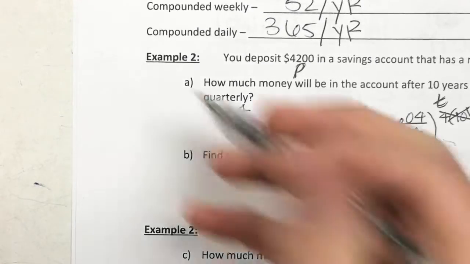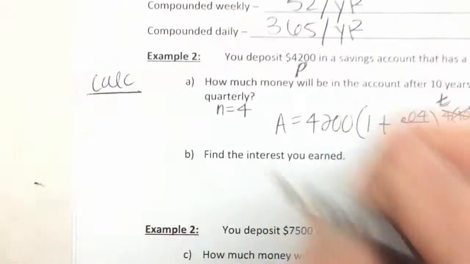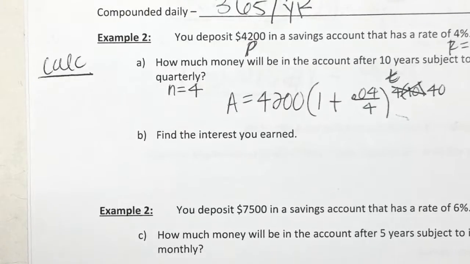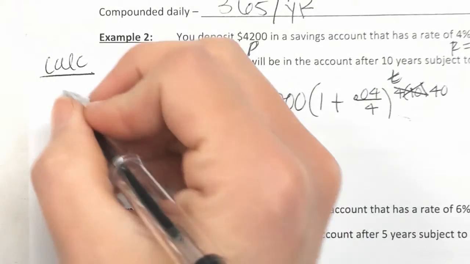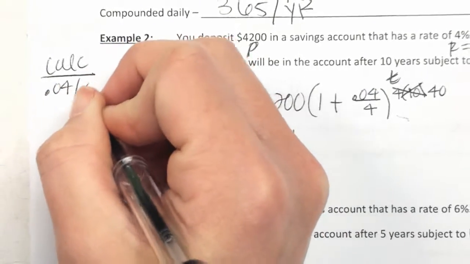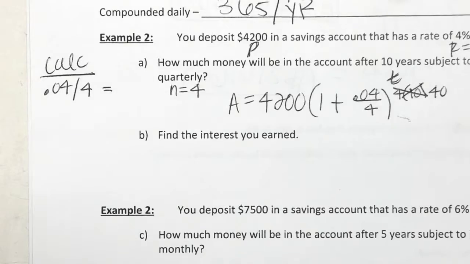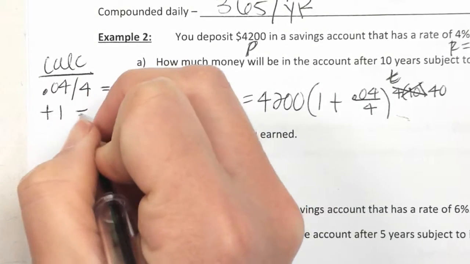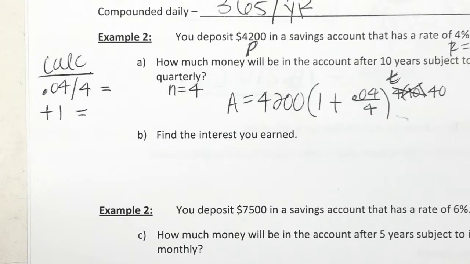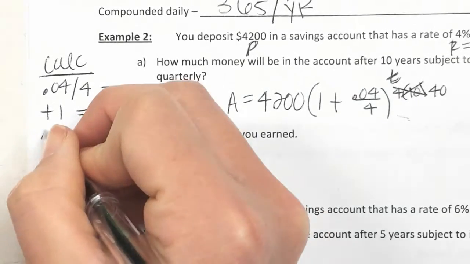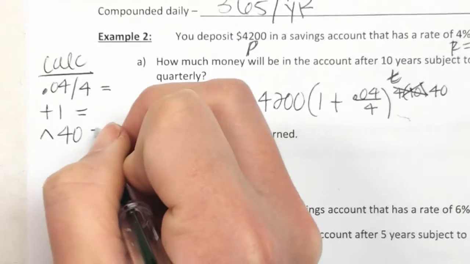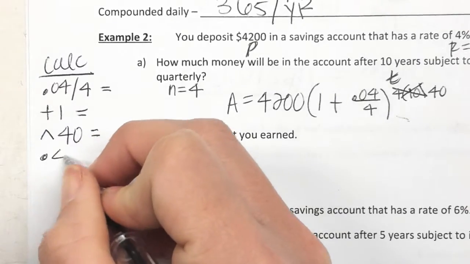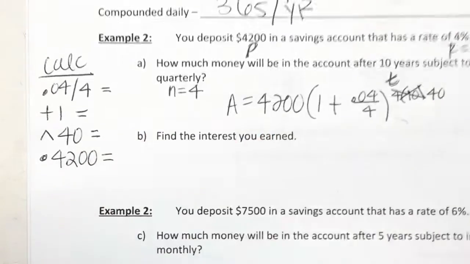Write this first. And put calc. And if you don't write this down, don't ask me how to do it later. Calc. Put 0.04 divided by 4, and then put an equals button. Then put plus 1 equals, raised to 40 equals, times 4,200 equals. That's the order you need to put it in.